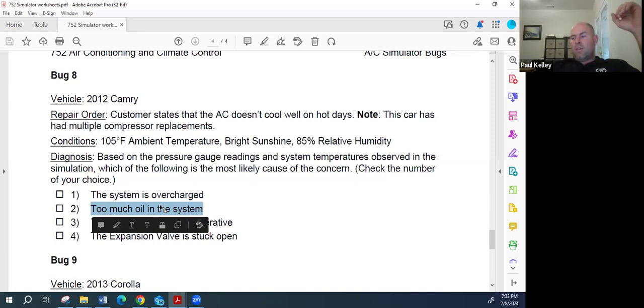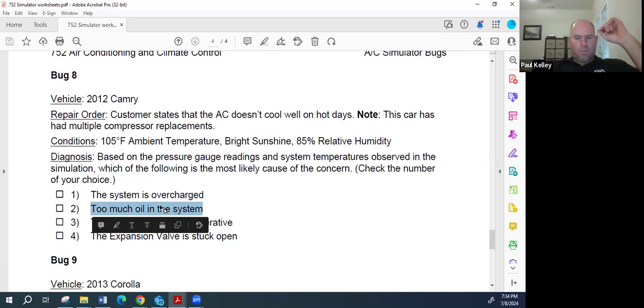Who did that? And did they realize that when you put a new compressor on there, a lot of the brand new compressors come with all the oil for the whole system in there already? So if you yank the compressor out and the original oil is still deposited a little bit in the evaporator, a little bit in the condenser, a little bit in the receiver dryer, you yank it out, you put a new one in, and that new one has a full 8 ounces again.